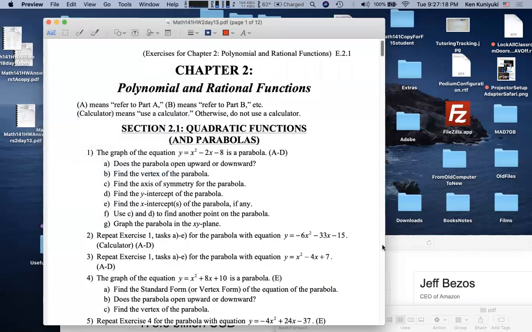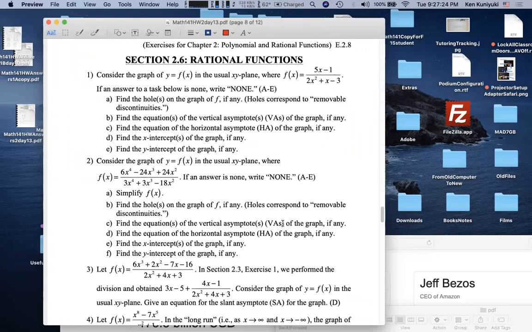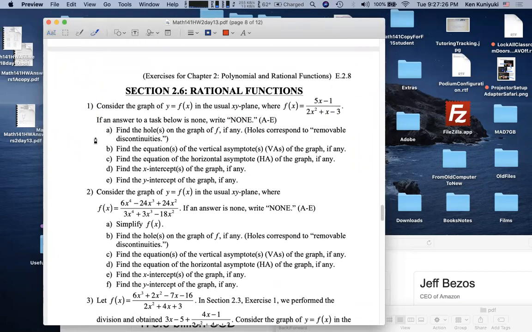Which one again? 2.6, 1A. Because when I solved the denominator, so that it wouldn't be equal to 0, I had -1 and 3/2 as zeros of my denominator, and I thought they were going to be the holes.